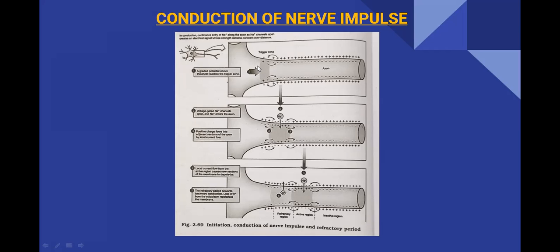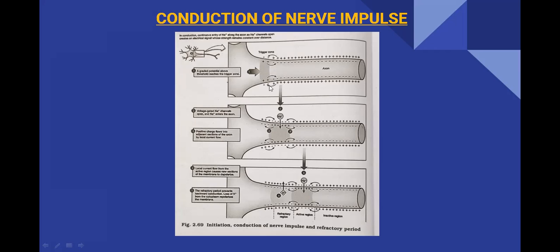Once this region reaches the threshold value, automatically the sodium gates present on this neurilemma or plasma membrane will be opened, and through the open gates, sodium ions will enter. As the sodium ions enter, here in this region the negative charge will be converted into positive charge.